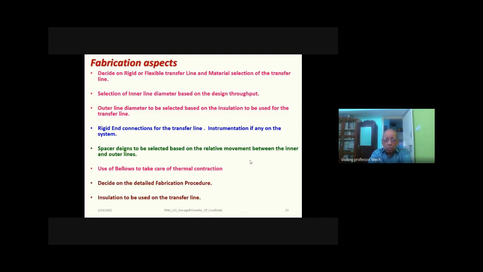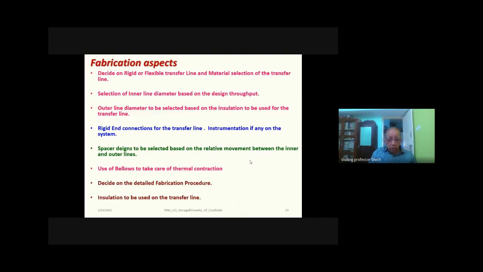For example, if I'm thinking of a powder insulated transfer line, then probably the thickness will be much higher. Whereas if it is a super insulated transfer line with the appropriate evacuation port, then the outer diameter will be somewhat smaller. Now, you should also decide on what the end connections of the transfer line should be.